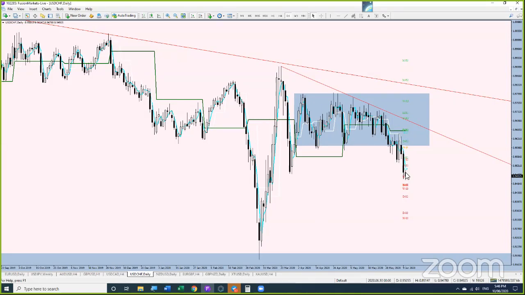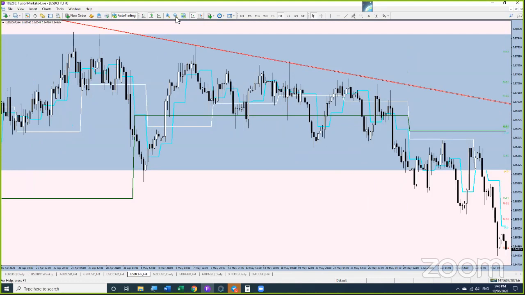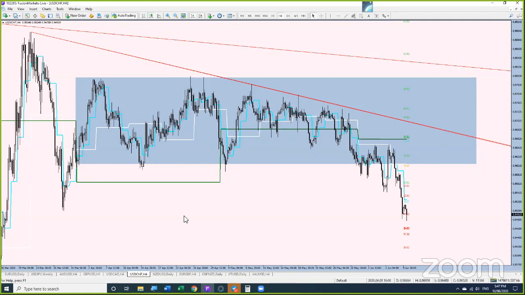So dollar Swissy, if I am to trade that today, I need to find a reason. And at this point in time, all I see is that we are at a support level, but I see nothing else that's available to me in terms of a structure. Don't really have a, or do I? Maybe I do. Maybe I do.